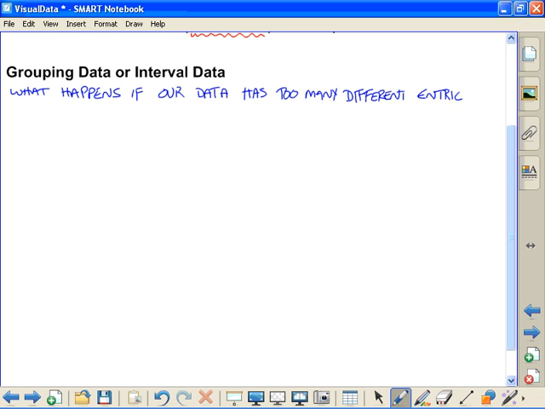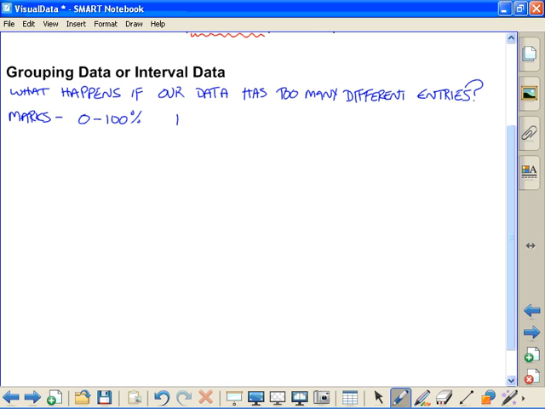With the example of the days, you only had 7 to deal with. What happens if you're dealing with marks? Marks extend from 0 to 100%. Do you want to create a tally chart with 100 entries in it to make sure you cover each one? No, the answer is no.